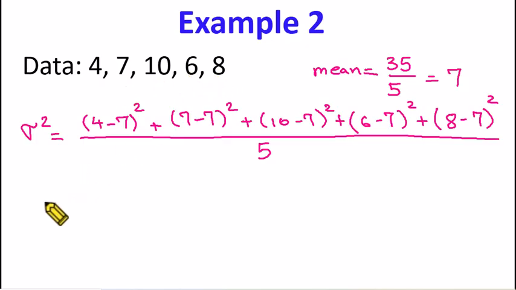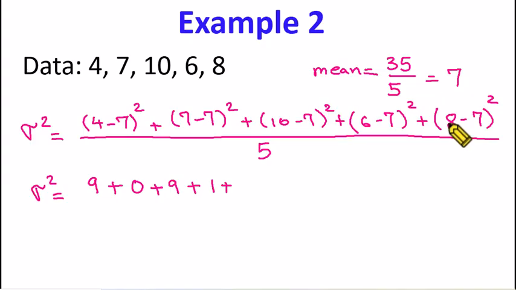All right, so let's go ahead and perform those computations. 4 minus 7 is negative 3. Negative 3 to the second power is 9. This is 0. 0 squared is 0. 10 minus 7 is 3. 3 to the second power is 9. This is negative 1 to the second power, which becomes positive 1.